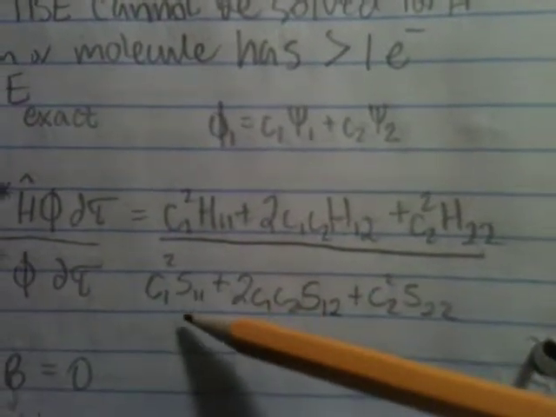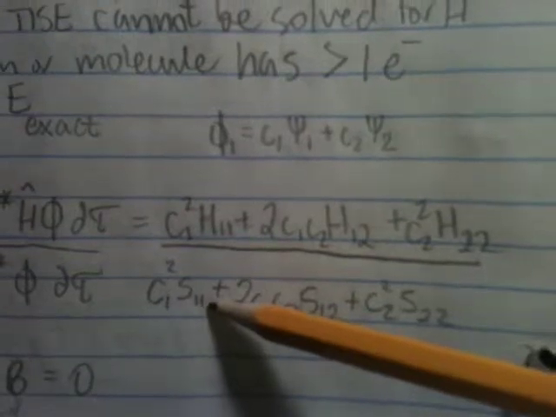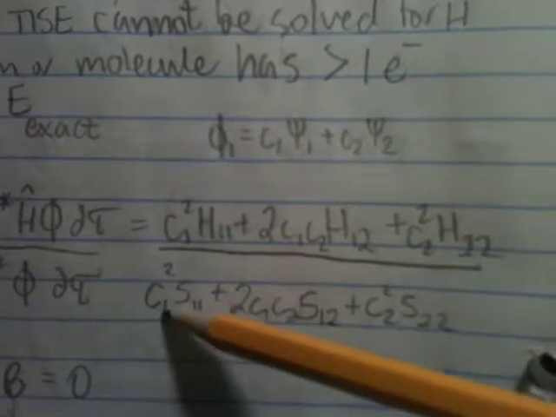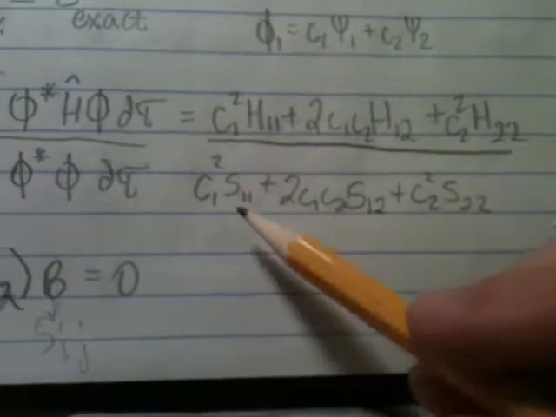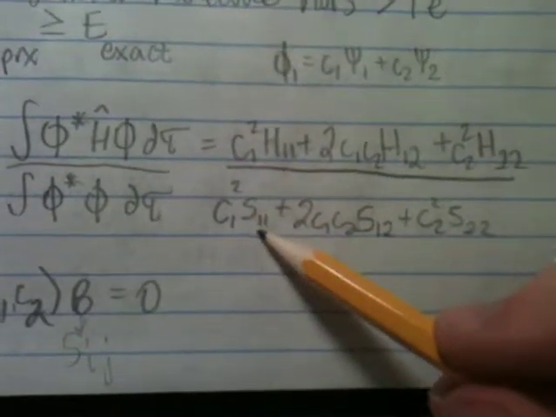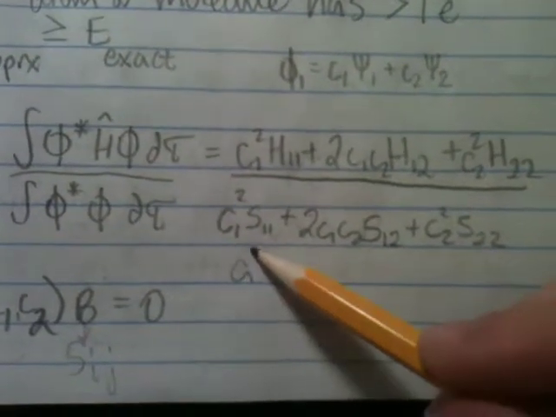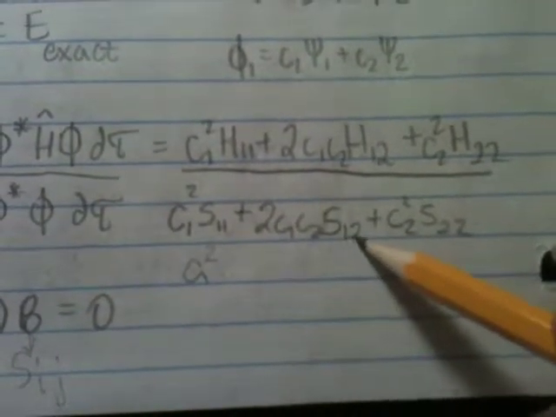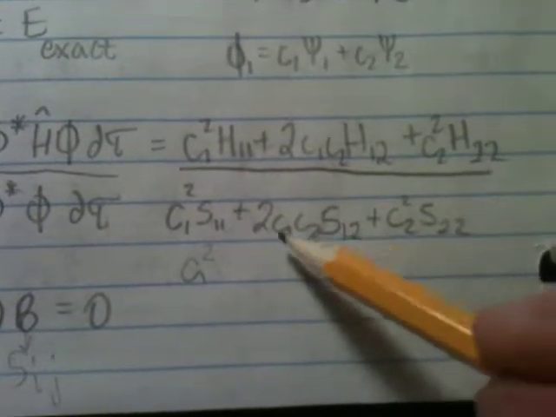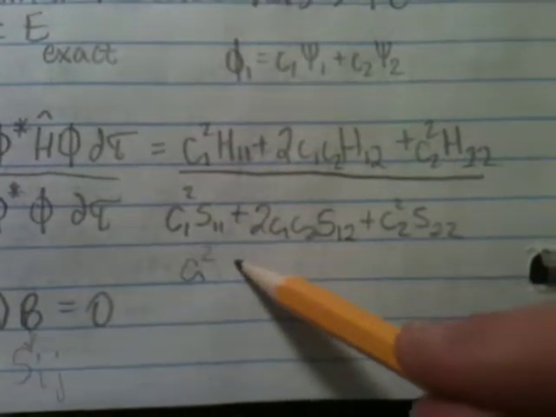As you can imagine, S11 goes to 1, so you just have C1. Let me write this out so it's absolutely clear. S11 will go to 1, so you just have C1 squared. S12, that's an ij. These are different states of energy, so this entire term goes to 0.